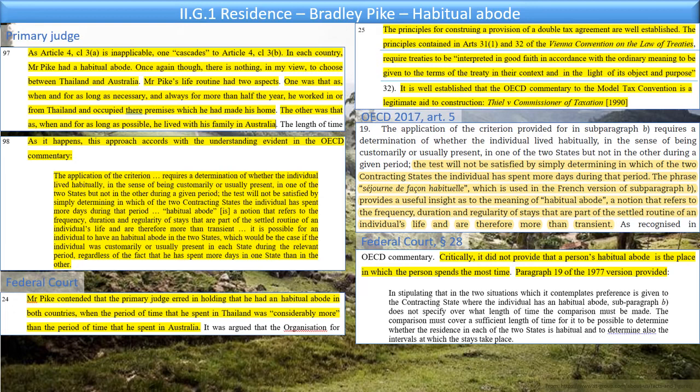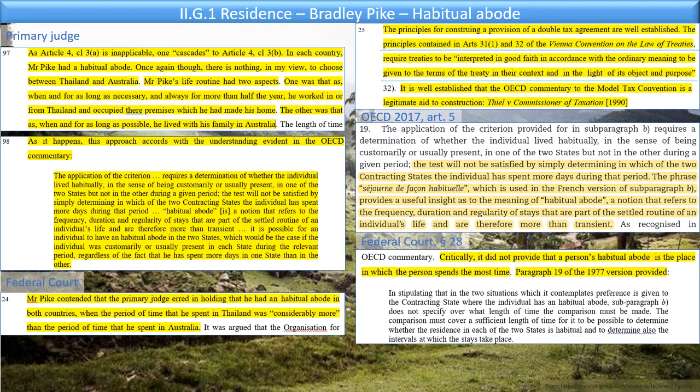This is a different sentence, right? Subparagraph B does not specify over what length of time the comparison must be made. The comparison must cover a sufficient length of time for it to be possible to determine whether the residence in each of the two states is habitual, and to determine also the intervals at which the stays take place.